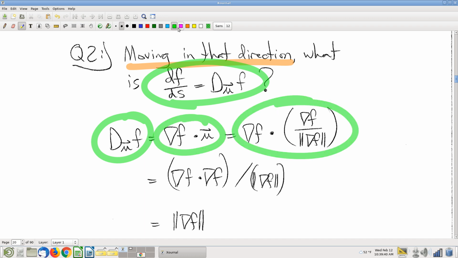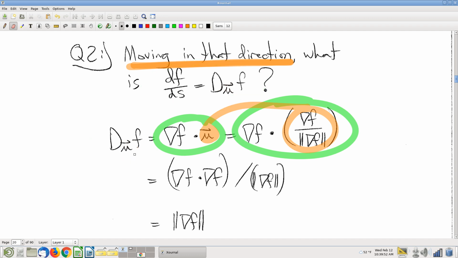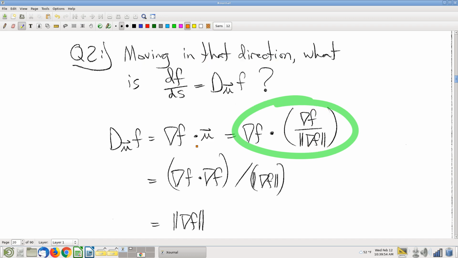Well, you're going to take that unit vector direction that you're moving. You're going to plug it in. Right? And then here I have a little bit of algebra, gradient divided by its magnitude.